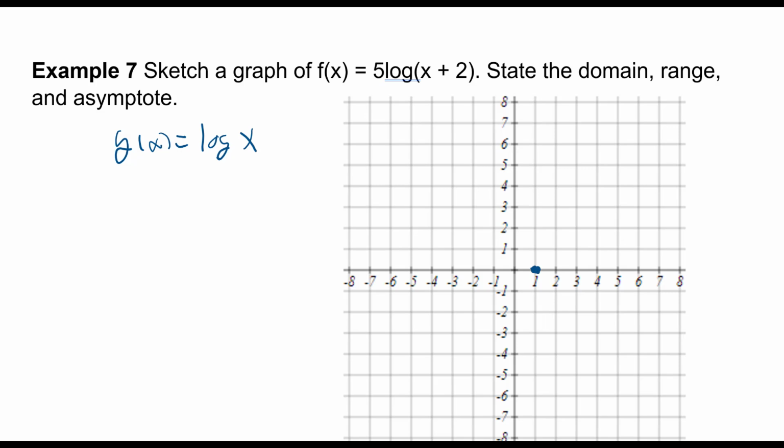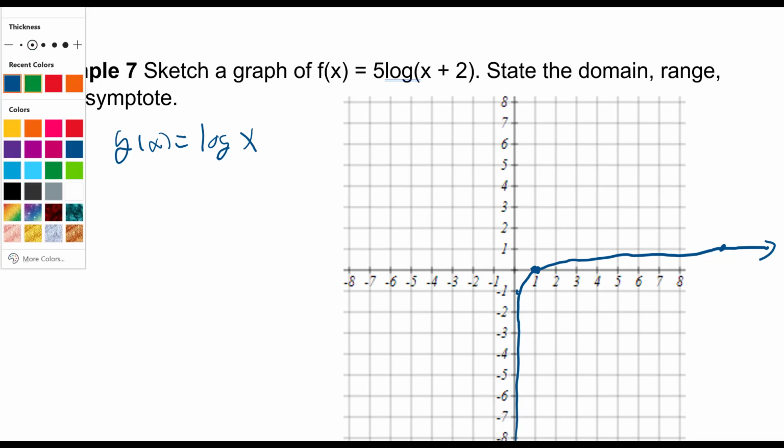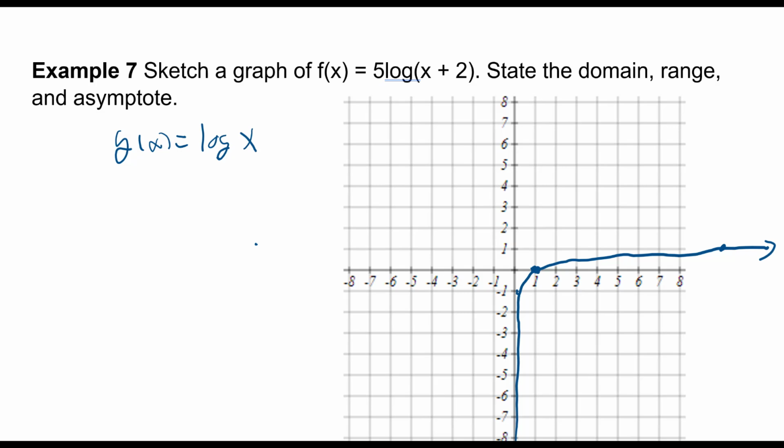It's going to go through 10, 1, way over here off my graph, and 1/10, negative 1. Then when you do the plus 2, that's going to move everything 2 to the left.